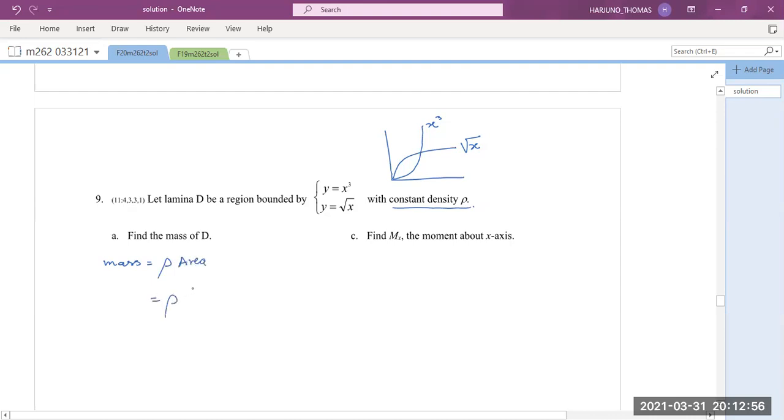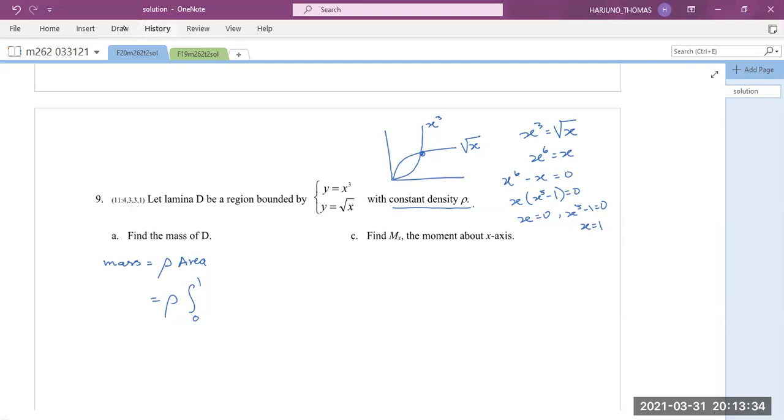So rho times integral. Where do they intersect? x cubed equals square root of x. So square both sides: x to the 6 minus x equals 0, factor the x. So either x equals 0 or x to the 5th minus 1 equals 0, that is x equals 1. So the intersections are when x equals 0 and when x equals 1.